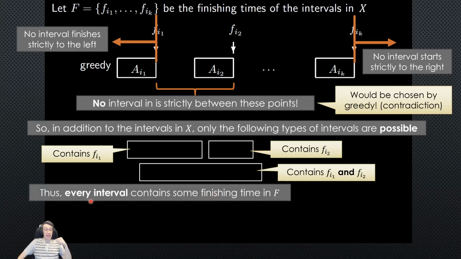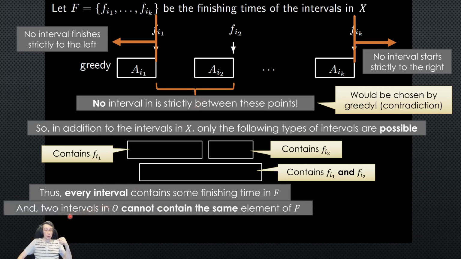What this means is every interval in the input, apart from X, contains a finishing time in F. Well, of course, the intervals in X also contain finishing times in F if we define them to contain their endpoints. So every single interval in the input contains some finishing time of an interval that was chosen by greedy.